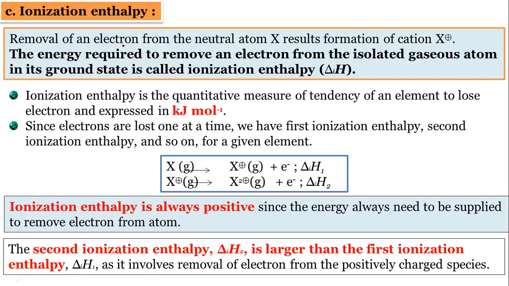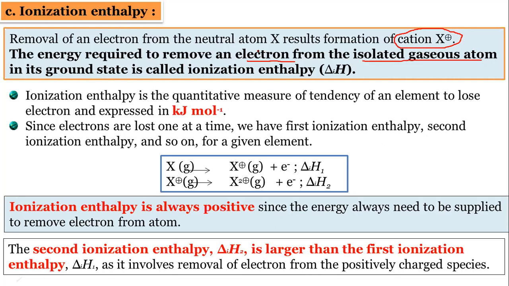Removal of an electron from the neutral atom to form the cation is called ionization energy. It is the amount of energy required to remove an electron from an isolated gaseous atom in its ground state.